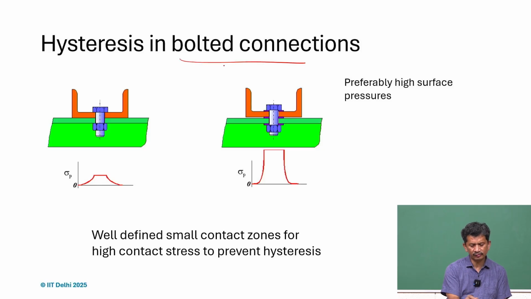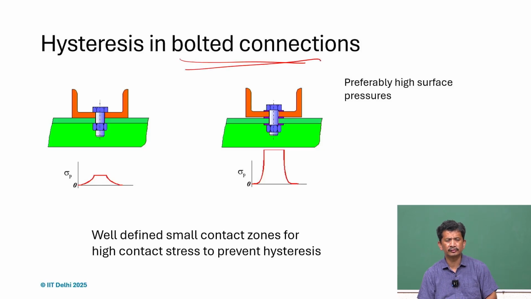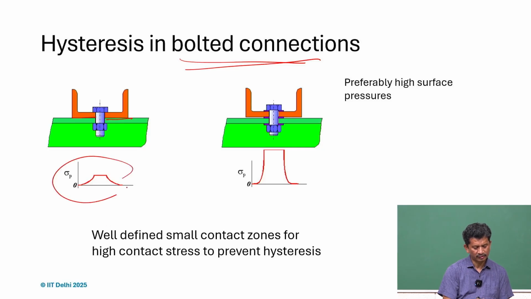Similarly, in structures, we also use a lot of bolted connections, also for positioning, and it's the same thing here: a larger area and stress distribution. So again, micro slips are bound to happen, and the positioning accuracy will be difficult.